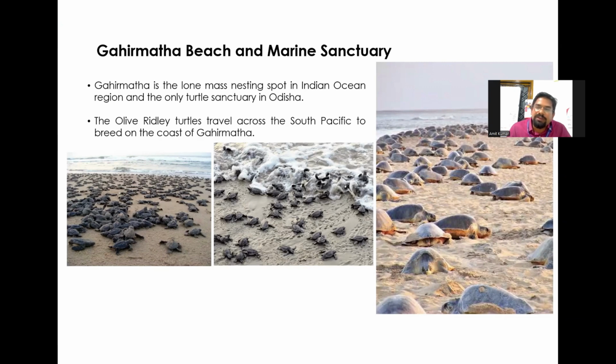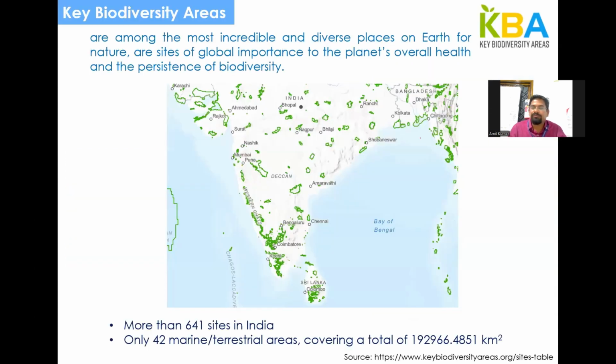Especially in the months of January and February and somewhat in March, you can see lakhs and lakhs of turtles coming to nest at the same time on a small stretch of the beach. So that is again a very unique feature of the Indian coastline.